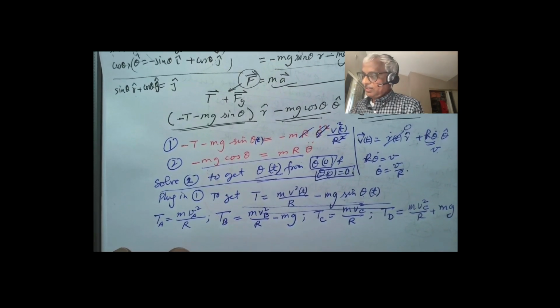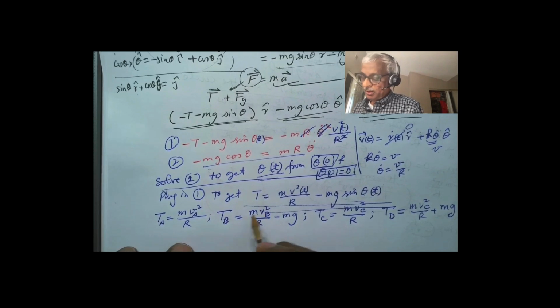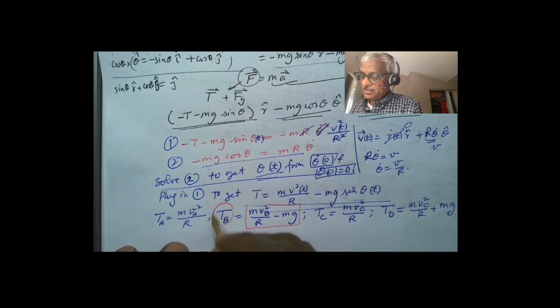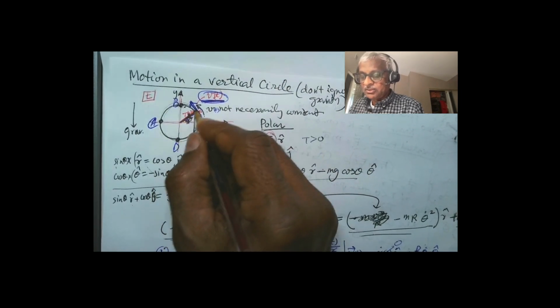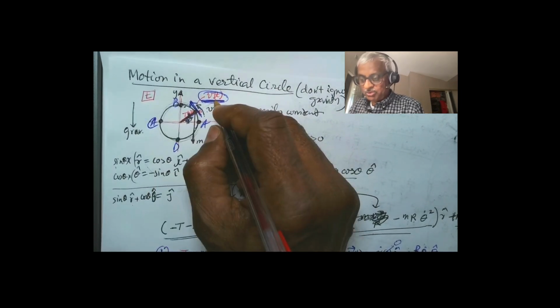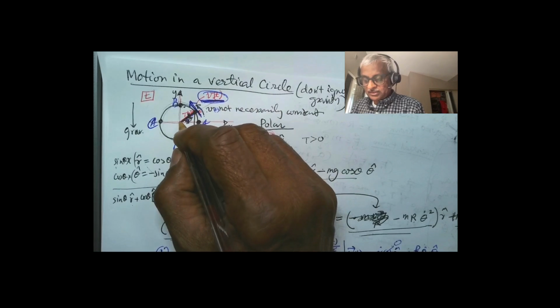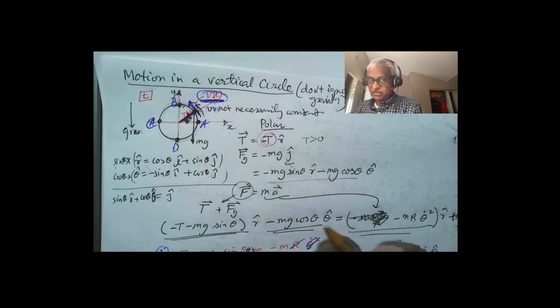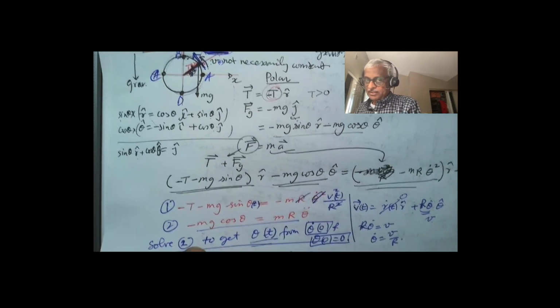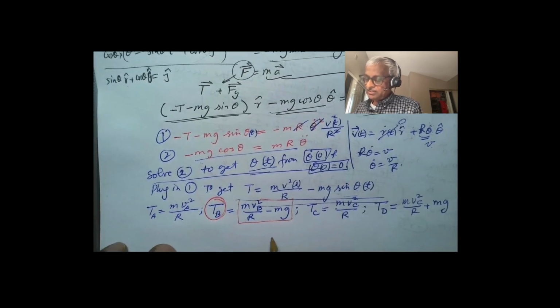But you can see right here there's going to be a problem. We already said this has to be positive. We already took into account that the tension is pointed towards the center, because it's not pushing this block away from the center; the tension in the string pulls in. So based on that, at the very top of the trajectory this can't be negative.